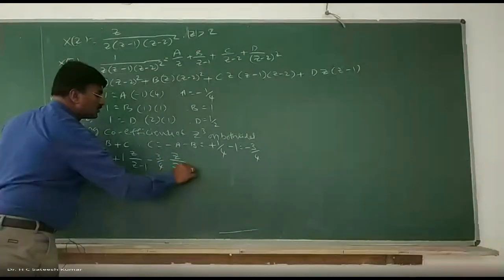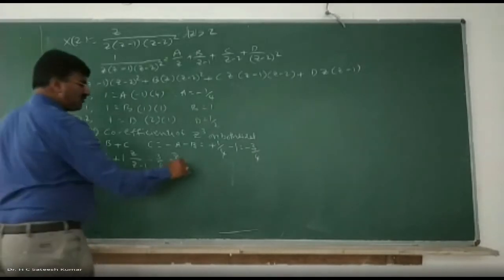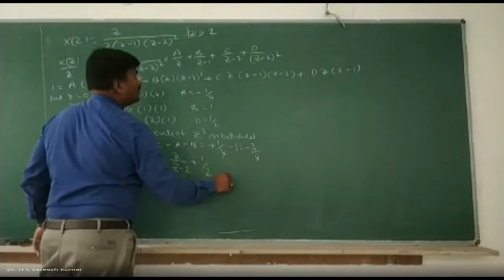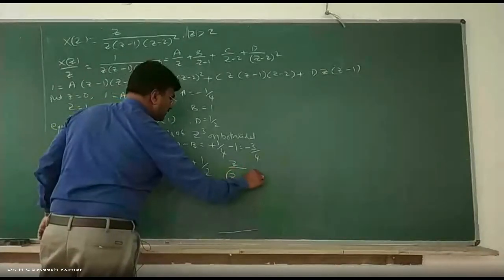Z minus 2, D, plus half into Z divided by Z minus 2 whole square.